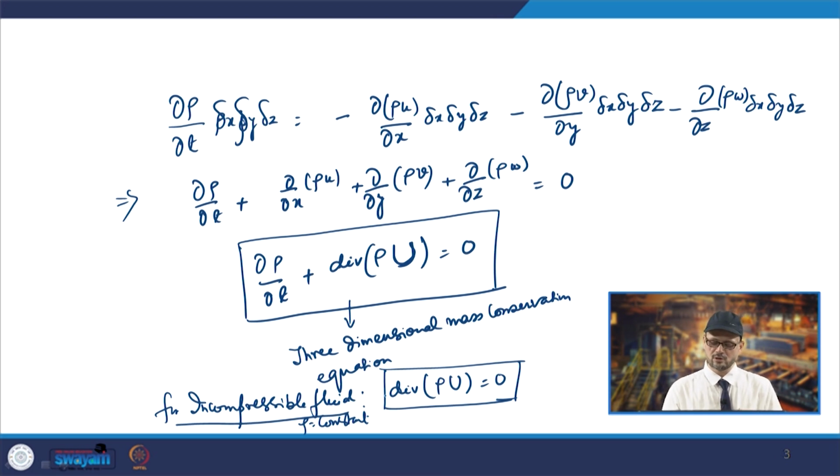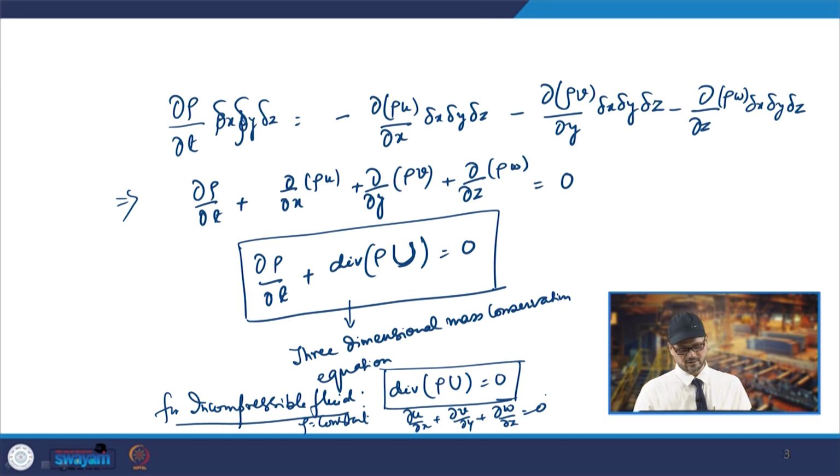So div u equals 0, that is ∂u/∂x plus ∂v/∂y plus ∂w/∂z equal to 0. That is what the continuity equation is defined as.